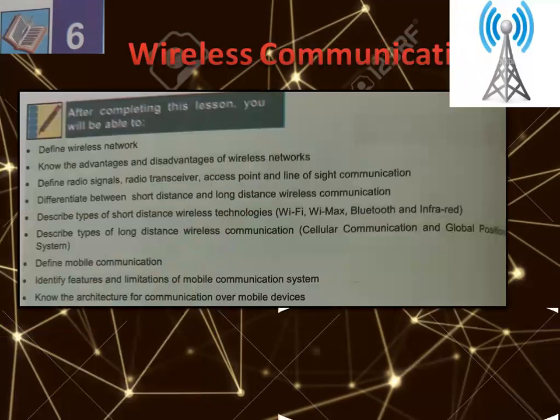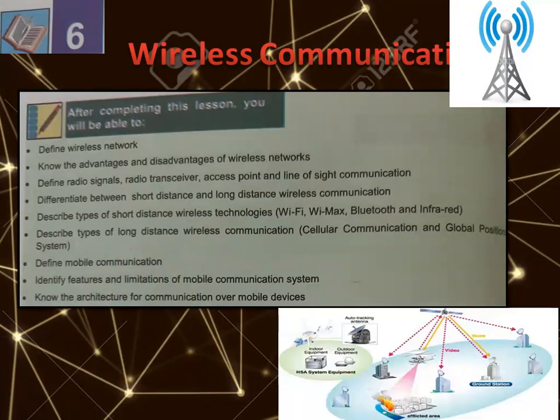Unit introduction. After completing this lesson, we will be able to understand and define wireless network, know the advantages and disadvantages of wireless network, define radio signals, radio transceiver, access point, and line of sight communication. Differentiate between short distance and long distance wireless communication.